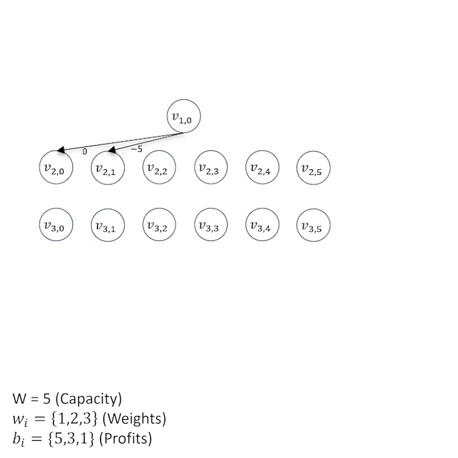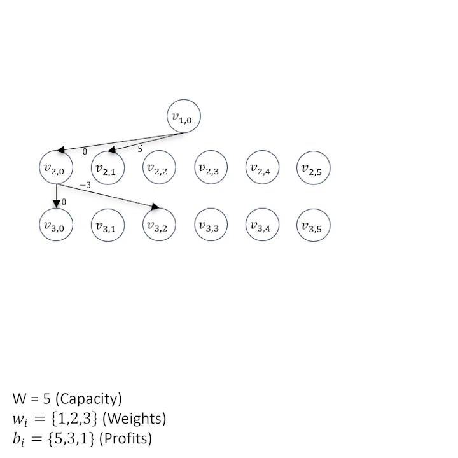So we look at vertex 2,0, and if we put the item into the knapsack, then that item has a weight of 2, and so we draw an edge from V20 to V32 and give it an edge weight of -3, which is the benefit of putting the item into the knapsack. Similarly, we draw an edge from V20 to V30 and give it a weight of 0 if we don't put the item into the knapsack.